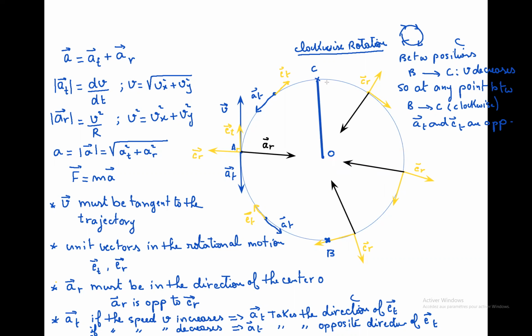So between positions C to B clockwise, the speed increases.